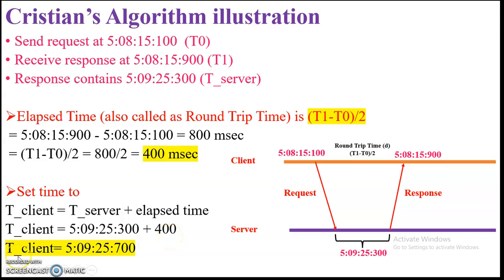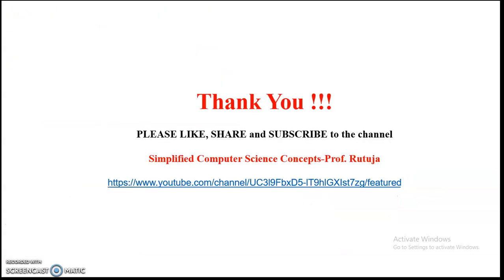And now the new timing at the client will be 5 hours, 9 minutes, 25 seconds and 700 milliseconds. So this is how the client is synchronized with the time server in Cristian's algorithm.